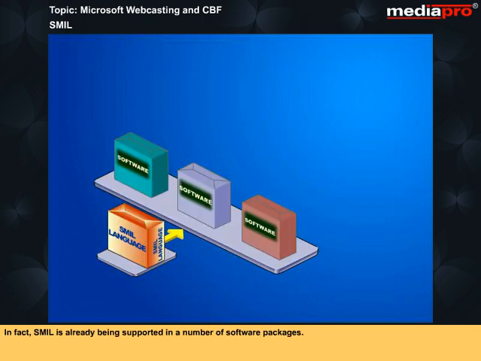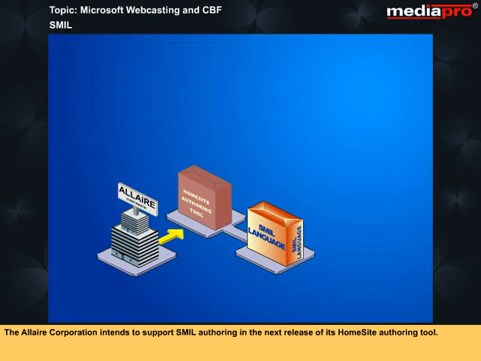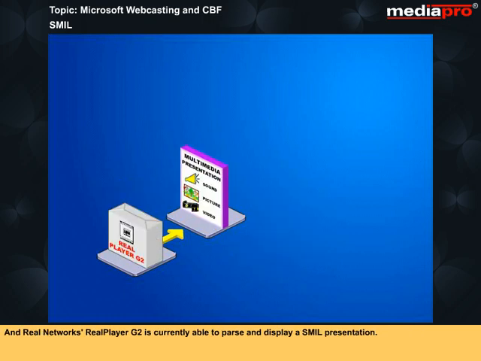In fact, SMIL is already being supported in a number of software packages. The Allaire Corporation intends to support SMIL authoring in the next release of its HomeSite authoring tool. And RealNetworks' RealPlayer G2 is currently able to parse and display a SMIL presentation.